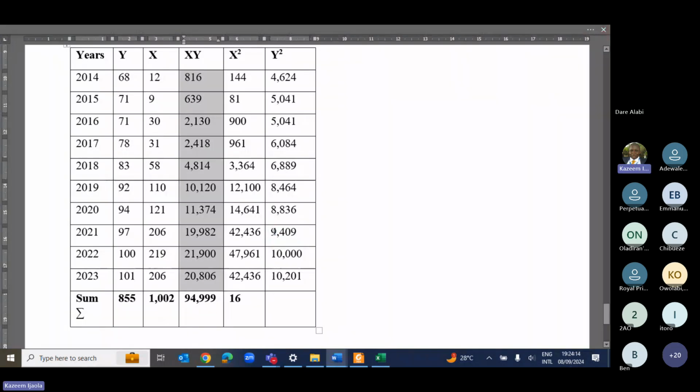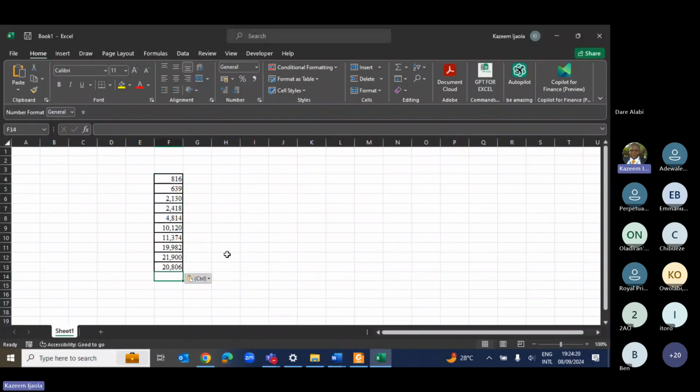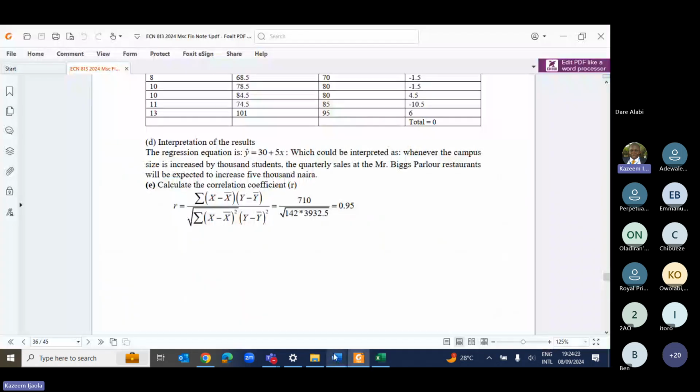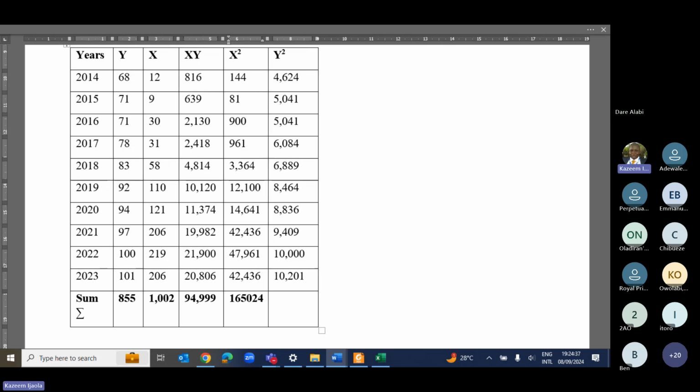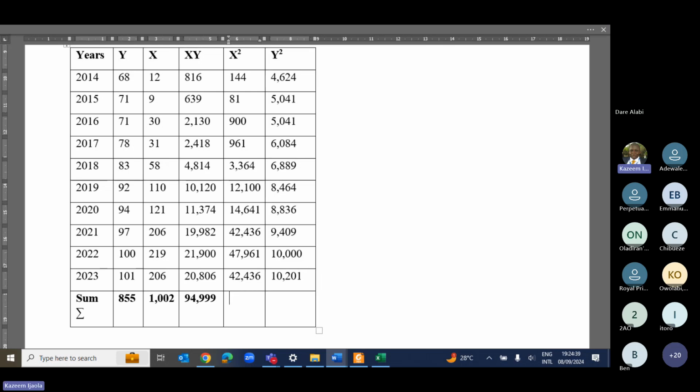Okay, this one is 94,999. Is that correct? 94,999. Then this one is 16, what? 165024. It can't be 16. How is this 165024 now? It's not possible.